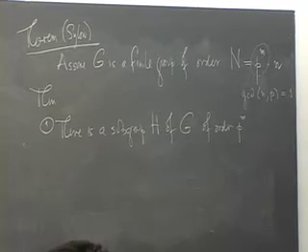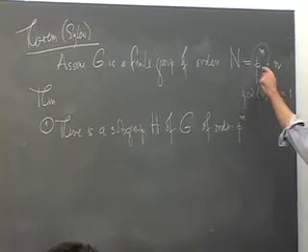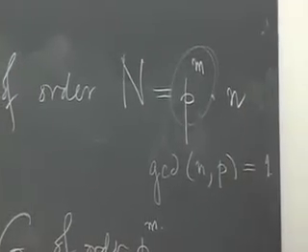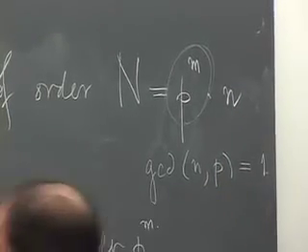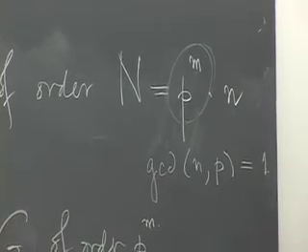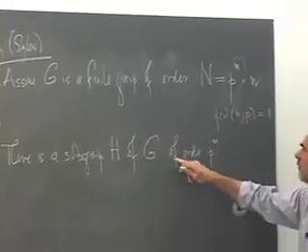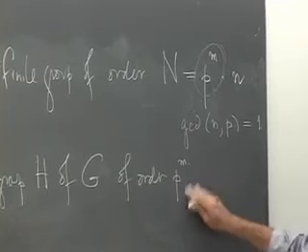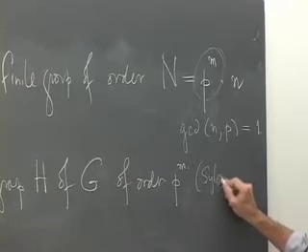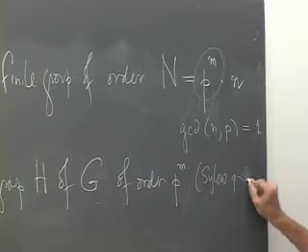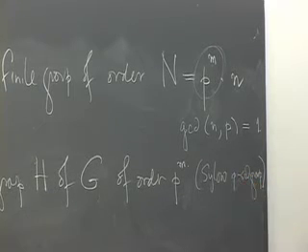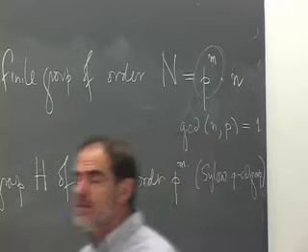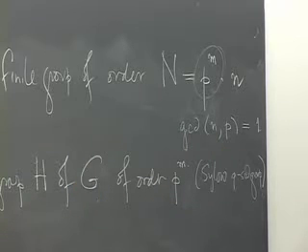In fact, you can always find a subgroup which has order the highest power of p dividing the order of the group. Okay? 2. These subgroups, by the way, of order p to the m are called Sylow p subgroups. Sometimes you omit the p if you know what prime you're talking about, just a Sylow subgroup.